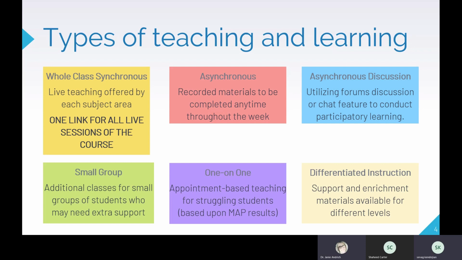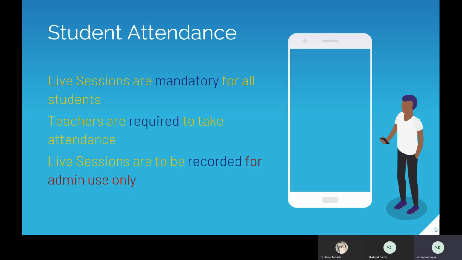And there will also be a time in the schedules for teachers to meet one-on-one, either with a small group of students or a larger group of students or a small portion of the class, to be able to differentiate just a little bit for what the kids need, which leads us into the last type, which is differentiated instruction. So there's various ways that our teachers will be able to differentiate for the different ability levels of our students. Right, and then that would also help us with our students with their special requirements and their needs for their learning.